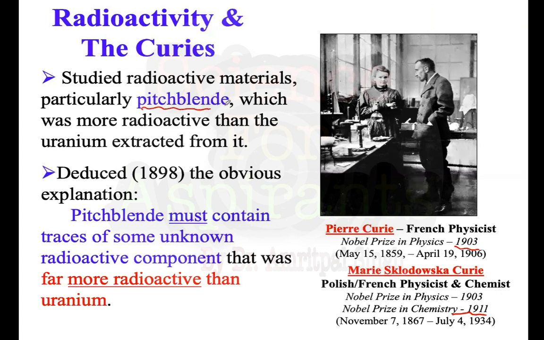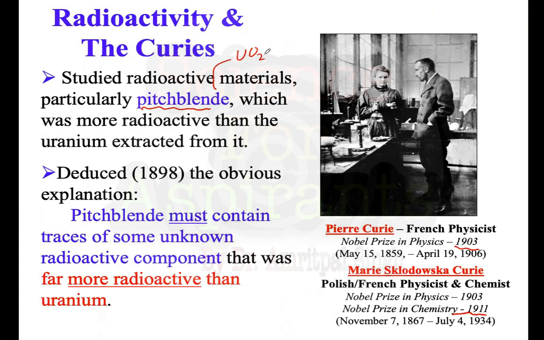Because pitchblende has some quite unique properties, they investigated it further, and in 1898 they deduced that it contained traces of some unknown radioactive components, far more radioactive than uranium.